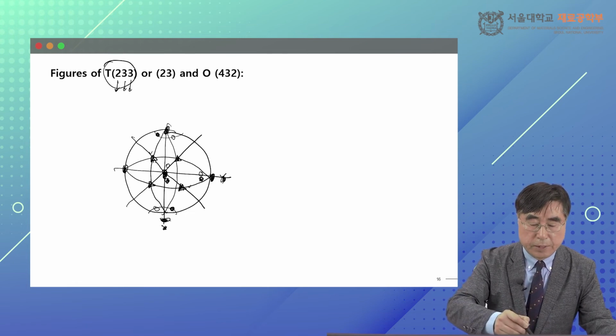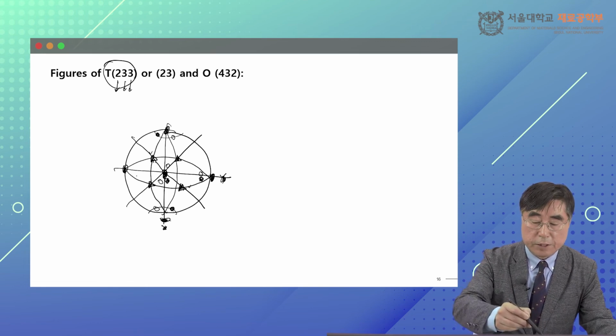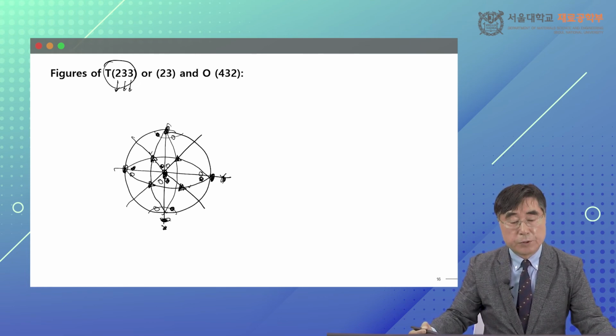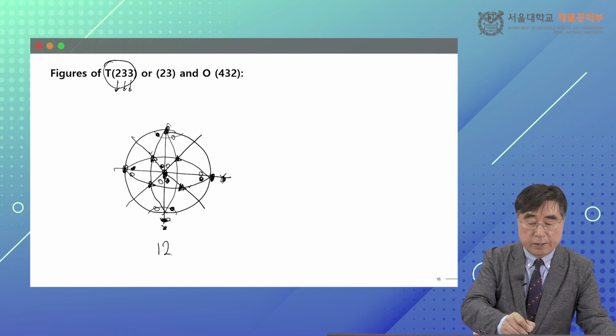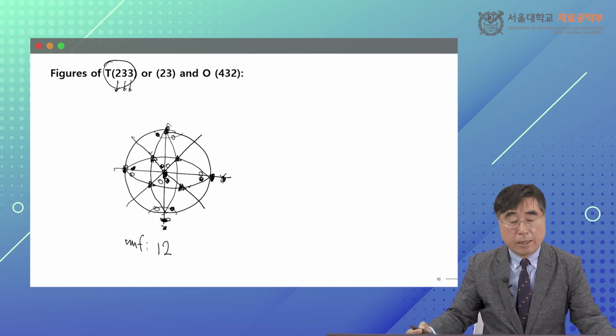Okay, so this one 3-fold generates here, and then here, and this 3-fold generates here, and this one generates here. And then 1, 2, 3, 4, 5, 6, 7, 8, 9, 10, 11, 12. So the multiplication factor is 12. And this is T by Schoenflies notation.